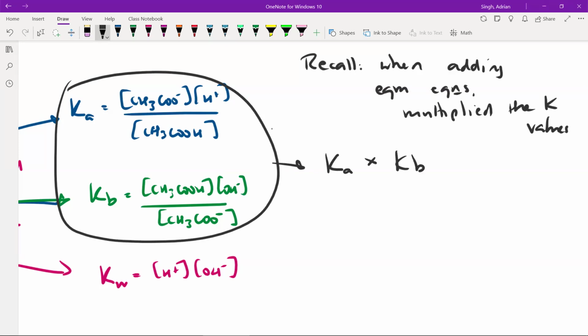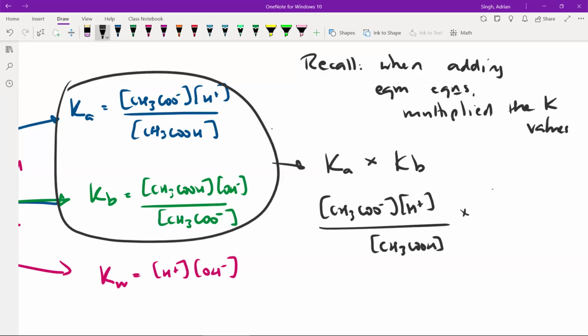Well, Ka, I have my CH3COO minus times H plus divided by CH3COOH. And this times, we have CH3COOH times OH minus divided by CH3COO minus. So I can do some simple math on this here.